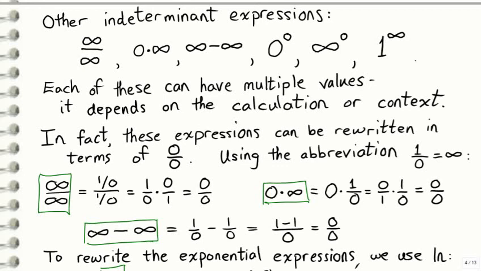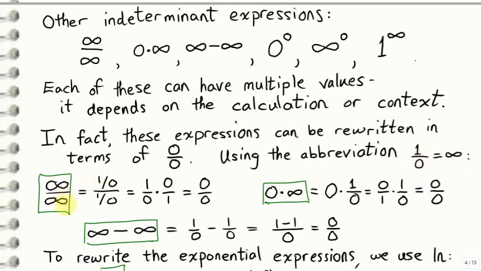And just as a brief believability argument, each one of these expressions can be rewritten in terms of 0 divided by 0. So again, we're going to use this notation, 1 divided by 0 equals infinity. We're really just going to use that so we don't have to keep writing out limits over and over. But infinity divided by infinity, you replace these by 1 over 0, 1 over 0.